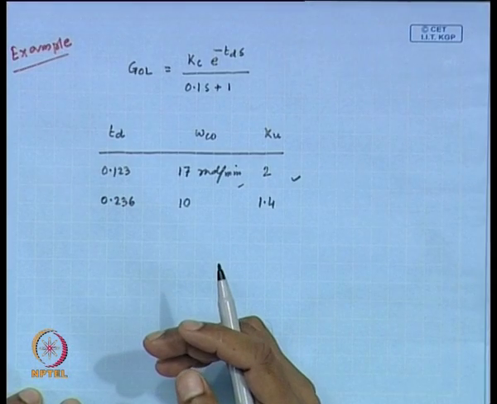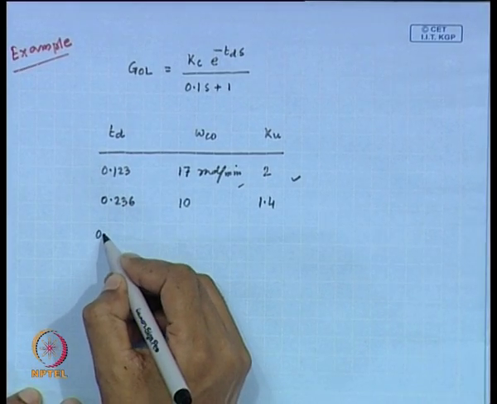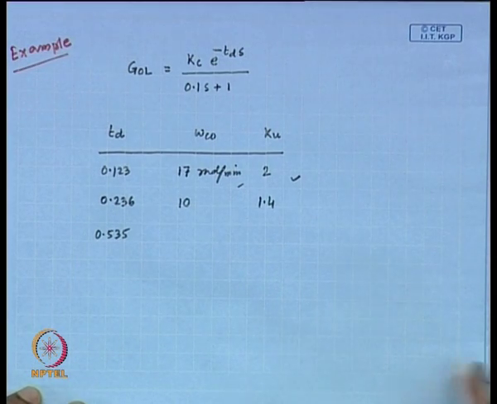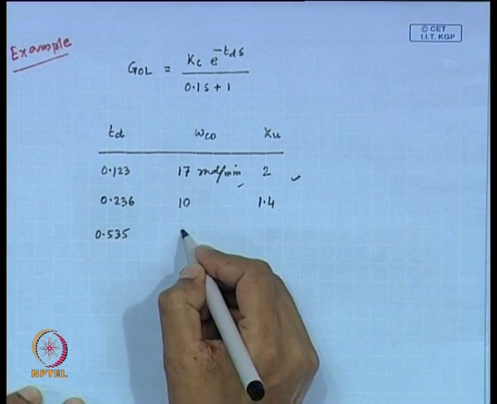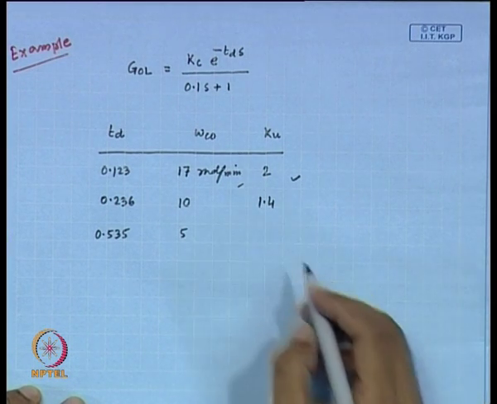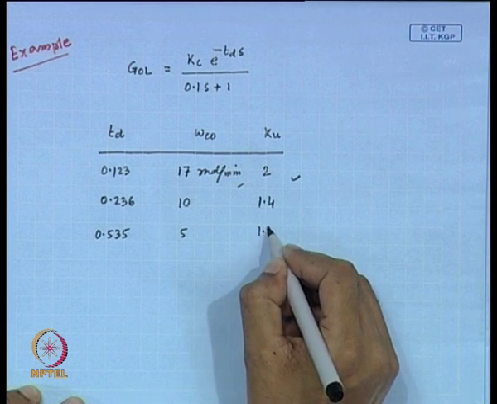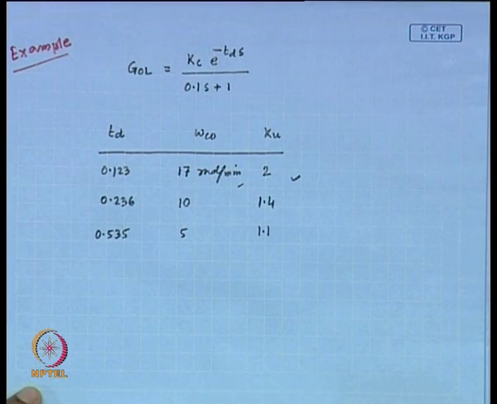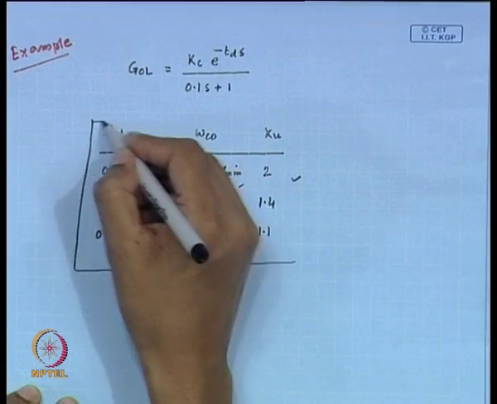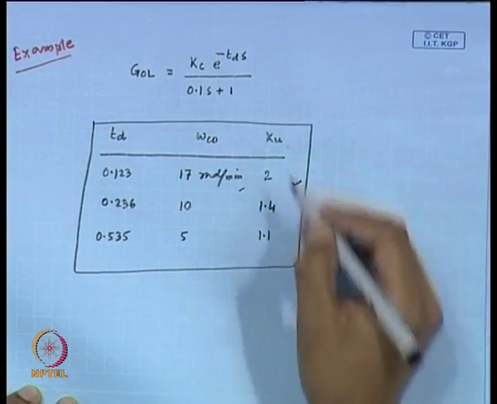If we increase Td further to, suppose, 0.535, then crossover frequency is decreased to 5, and ultimate gain also is decreased to 1.1. This data we obtain based on this open loop transfer function.